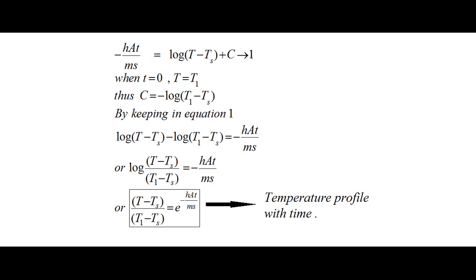So what is this equation telling? This equation is telling what would be the temperature of the cooling ball in the surrounding at time t. T1 is the initial temperature and Ts is the surrounding temperature.